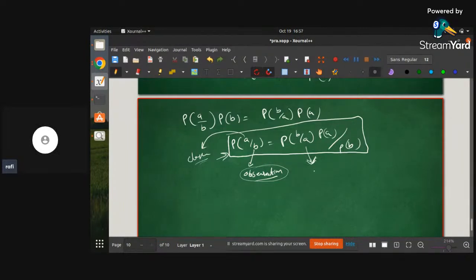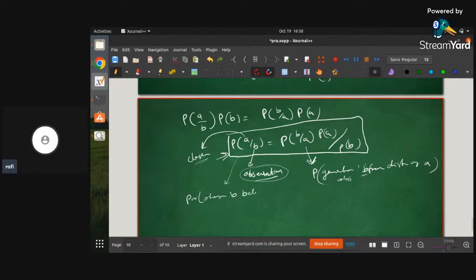Then the probability of generating the observation or data point B from the distribution of A is the probability of observation B belonging to class A. Given B, we need to find the probability of this B belonging to class A. So on the LHS, A given B is defined like this.